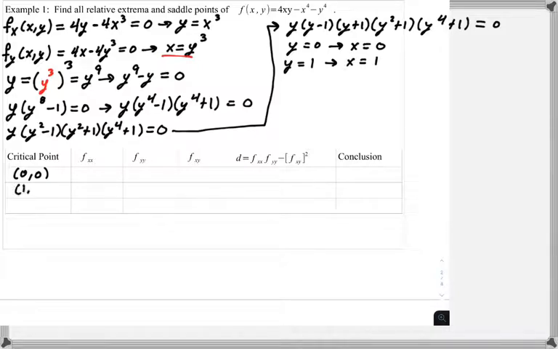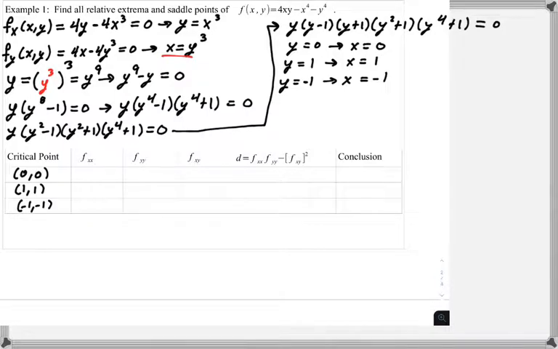That gives us a second critical point of 1, 1. And then finally, we have y is equal to negative 1, and x is equal to y cubed, so negative 1 cubed would be negative 1. And so it gives us our last critical point of negative 1, negative 1.